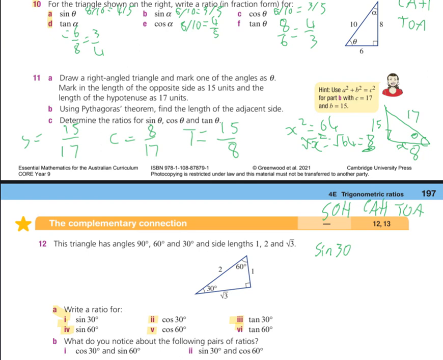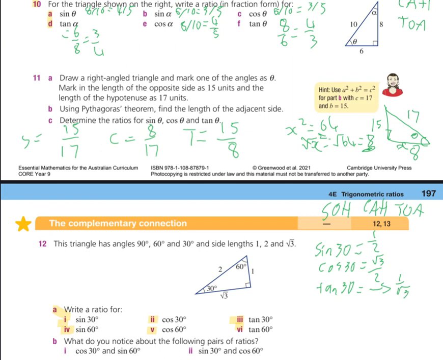Opposite is 1, so 1/2. Okay, cosine 30 is going to be adjacent over hypotenuse, so it's √3/2. Next one is going to be tan 30. That is going to be opposite over adjacent, so that is going to be 1/√3.